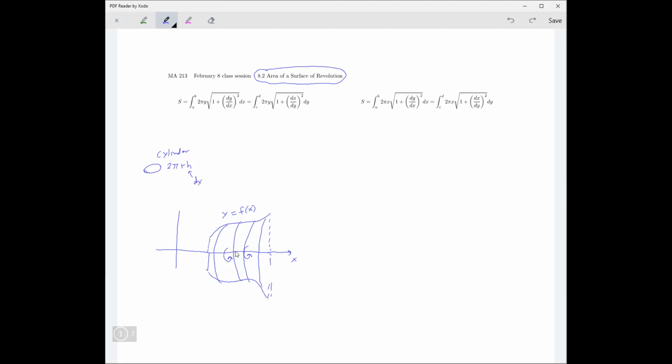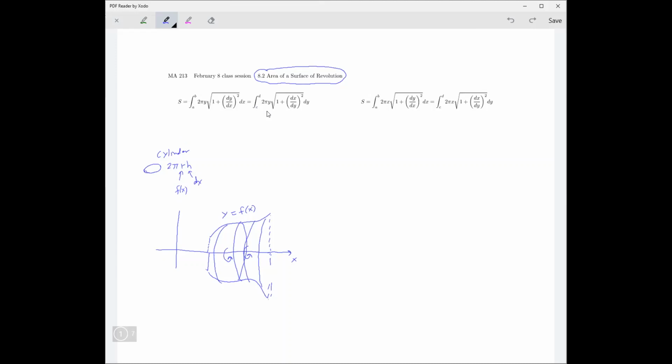So that's the height. If you take a cylinder like this, then the height of that cylinder is going to be dx in the x direction, and the radius is going to be f of x in this case.